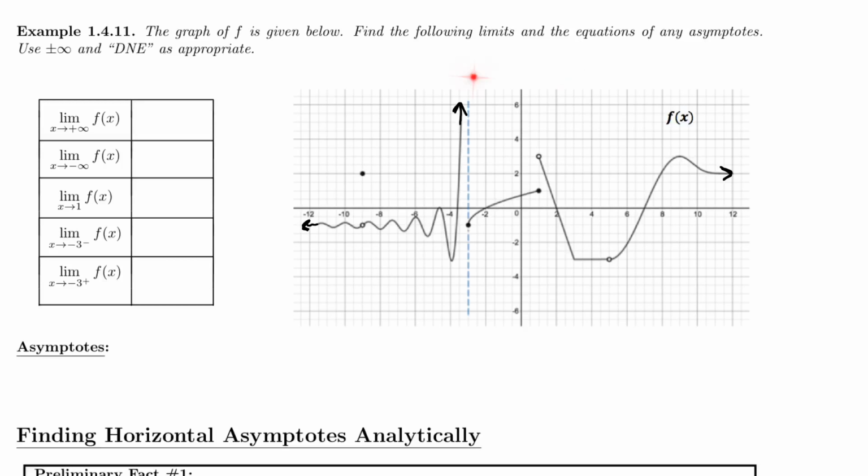So if we're looking at this graph and we want to find the limit as x approaches positive infinity, positive infinity is over here, negative infinity is over here, and once again, this is the x value. The y value of this function as x approaches positive infinity. So we look at what happens as we leave the graph, and it looks like this thing is flattening out, right?